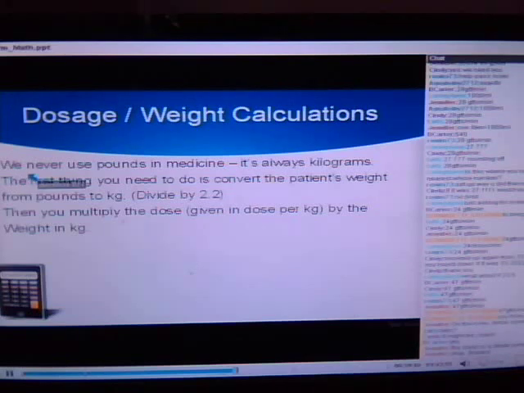Carter. So now a lot of people get that confused, okay? But always remember, if you get confused, kilograms are always a smaller number than the pounds that are listed on the NCLEX question. It's never a higher number. It's always a smaller number, okay?